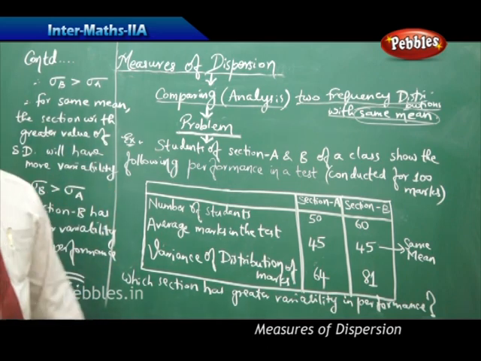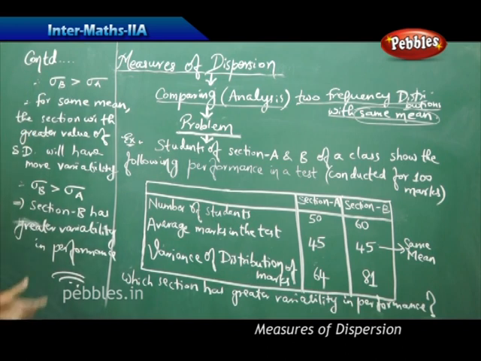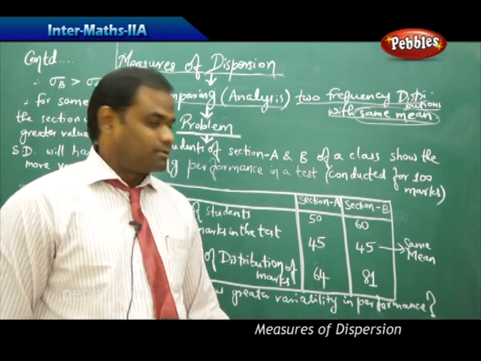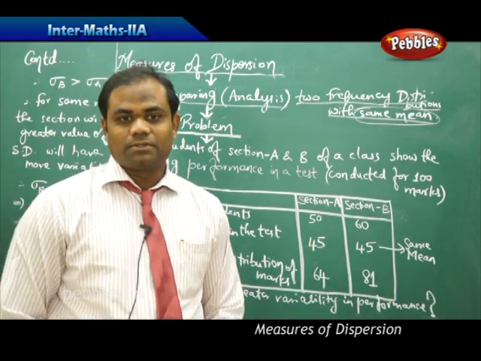So, strictly with the value of standard deviation, I could obtain that because the standard deviation of section B is greater than standard deviation of section A. Section B has greater variability in performance is the answer for the given question of the table of values.